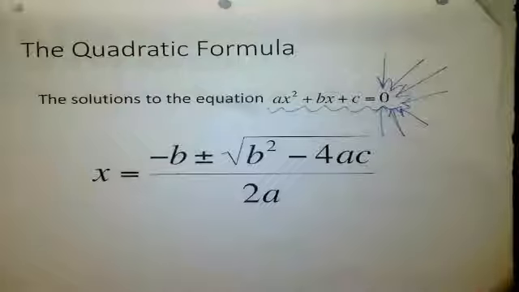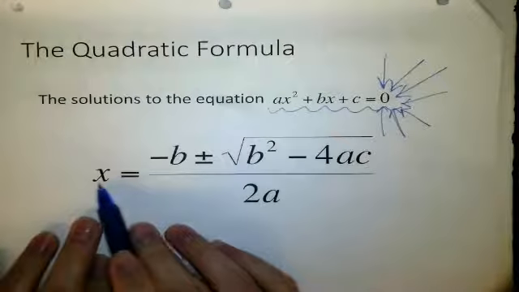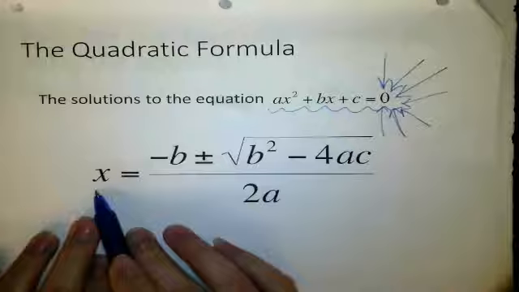If it's set equal to 0, then we can solve for x, which is why it says x equals. We're solving for x, all right?